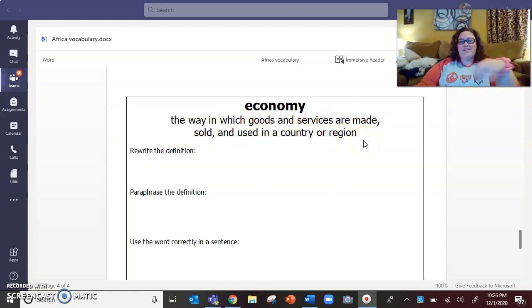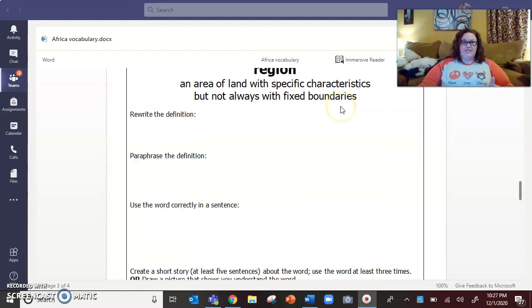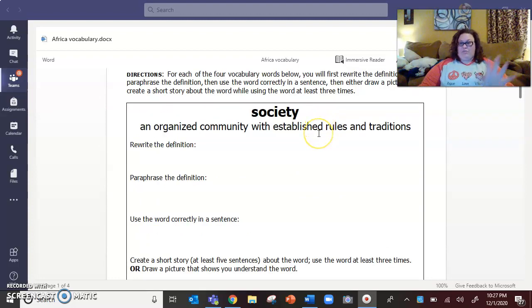So what we are going to do all together is paraphrase them all together, okay? After you're done paraphrasing, we're going to pause the video and rewrite the definitions. So let's go up to the top. If you're doing this on a computer or paper, I want you to start with society so that we're all on the same page, okay?